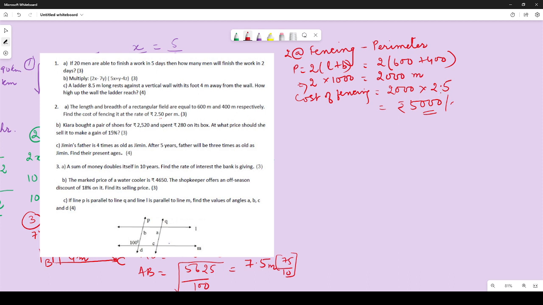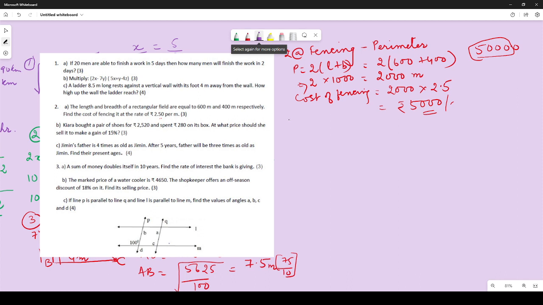When you're looking at the decimals, it will be 5,000, because if you disregard the decimal, 2000 into 25 is what? 4 zeros are there, right? 25 into 2000 will be 50,000, right? Now there is one decimal point, so you put a decimal over here. That makes the value 5,000. So that is how the answer will be 5,000 rupees.